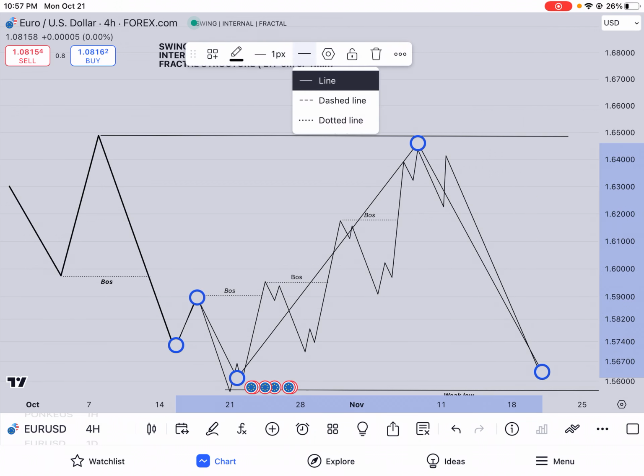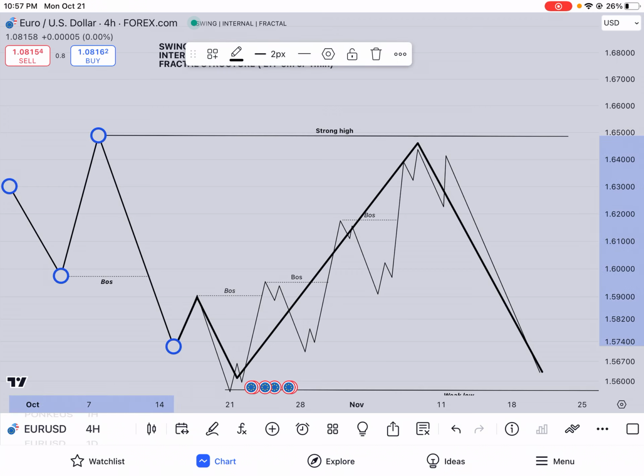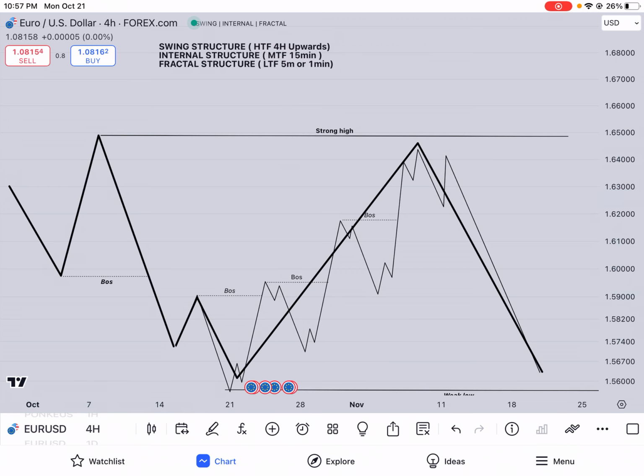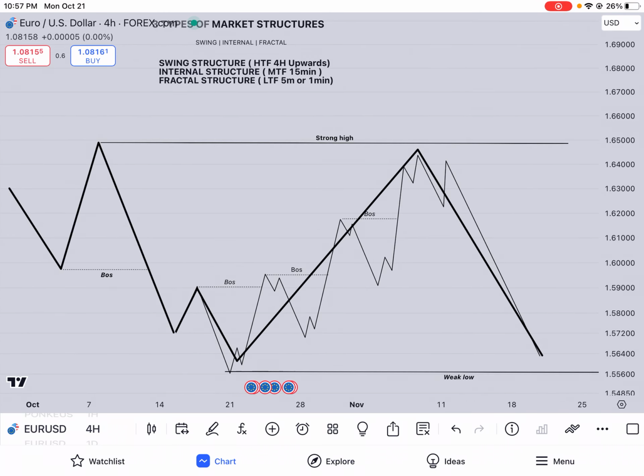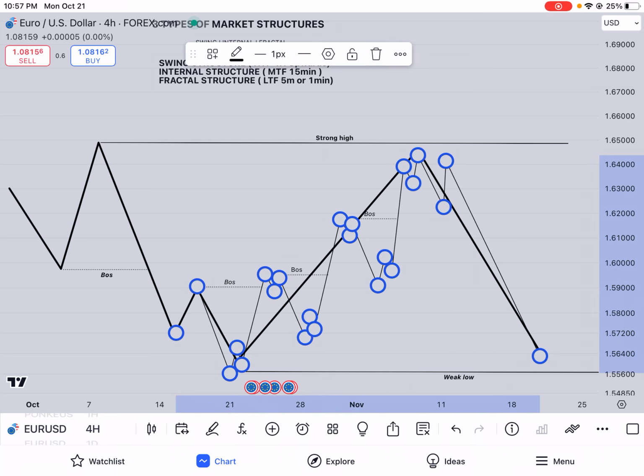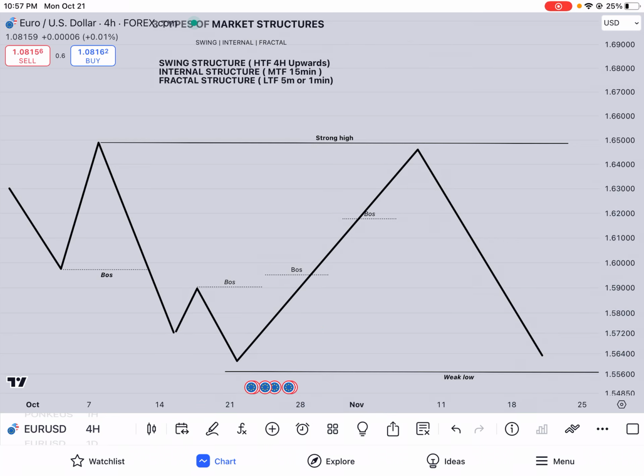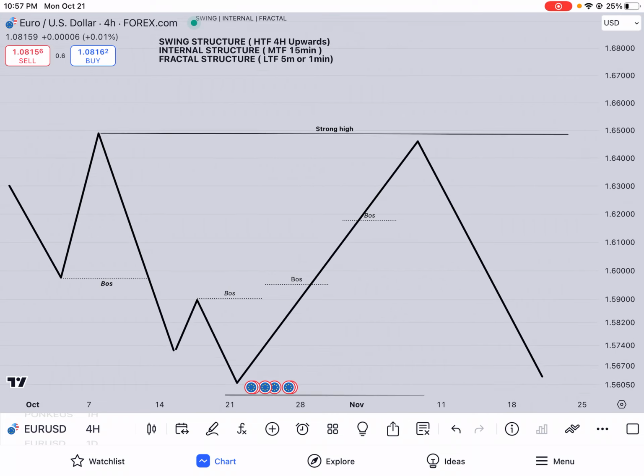Let me do 3 to 3 here. You see the ticker line? That's how the market will display it on a bigger time frame. The ticker line will just look as if that's how. So that's how the market will look on a bigger time frame.